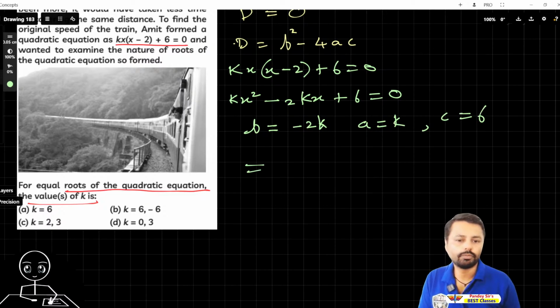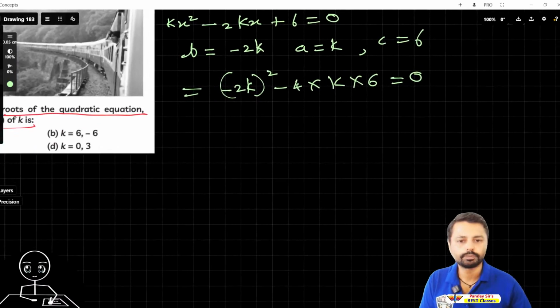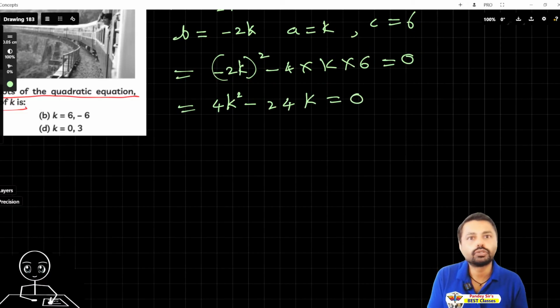Now let's put that into the formula. b² is (-2k)², minus 4ac, which is 4 into k into 6, and it must be equal to 0. So (-2k)² becomes 4k² minus 4 into 6, that is minus 24k, equal to 0. How could this be 0?